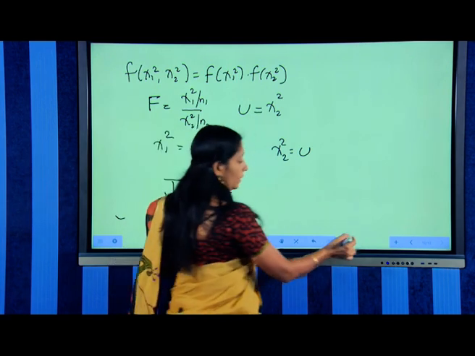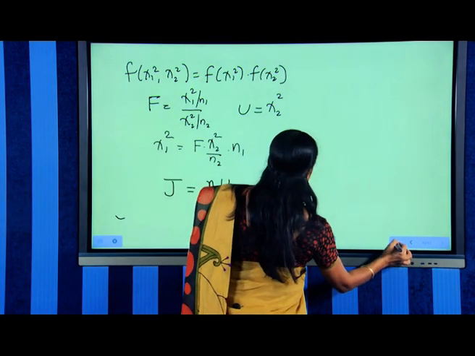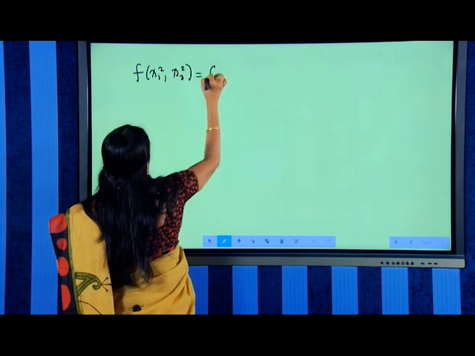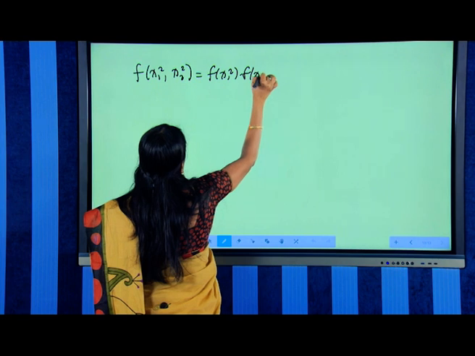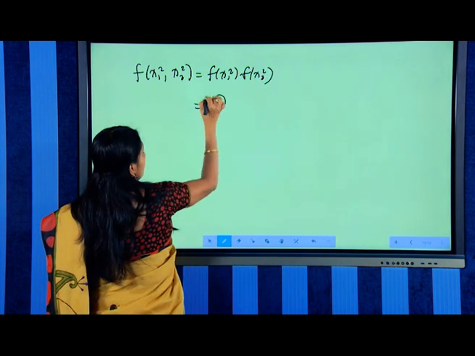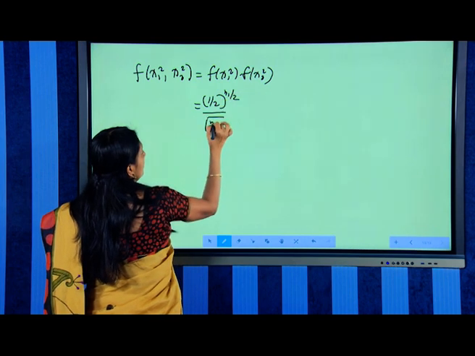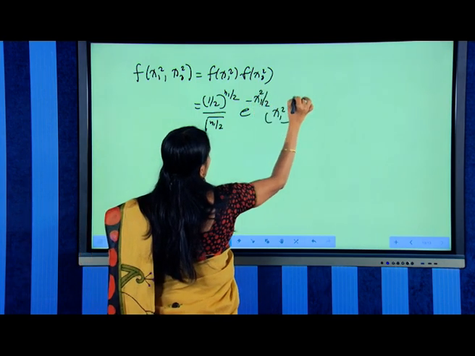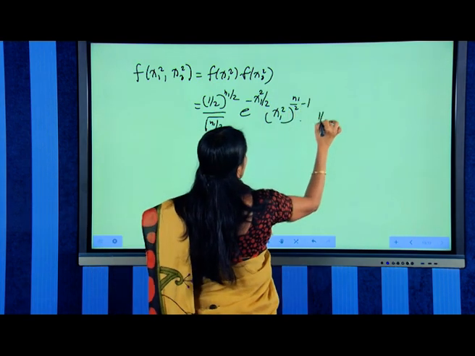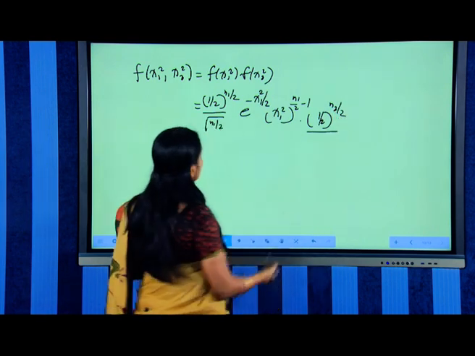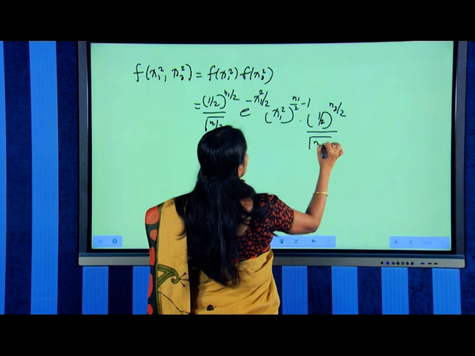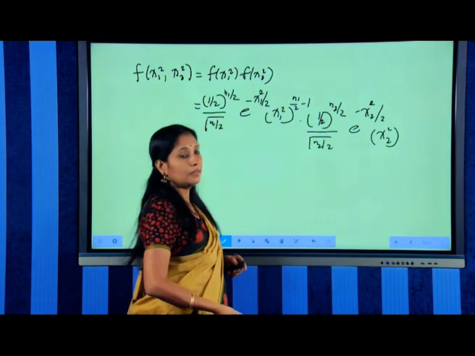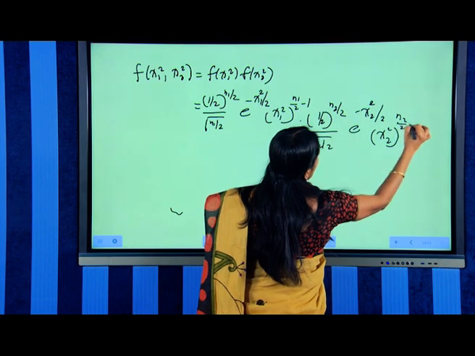Then the joint density of f of chi1 square into f of chi2 square is equal to 1 by 2 raised to n1 by 2 divided by gamma n1 by 2 e raised to minus chi1 square by 2 chi1 square raised to n1 by 2 minus 1 into 1 by 2 raised to n2 by 2 divided by gamma n2 by 2 e raised to minus chi2 square by 2 chi2 square raised to n2 by 2 minus 1.